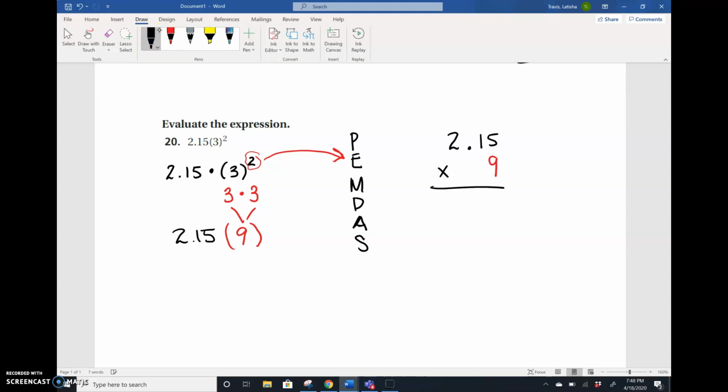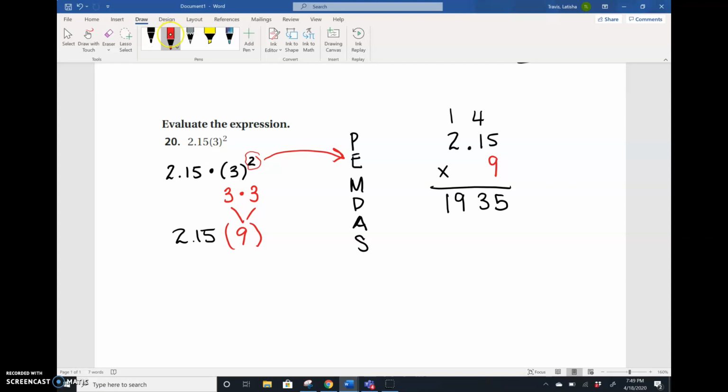In multiplying those together, 5 times 9 is 45. Carry my 4. Then we have 1 times 9 is 9, plus 4 more is 13. And then carry my 1. I get 9 times 2 is 18, plus 1 more is 19.